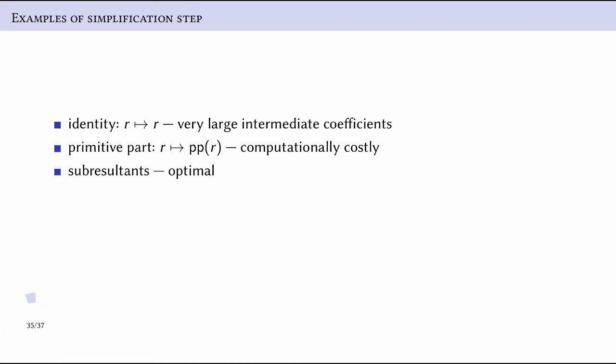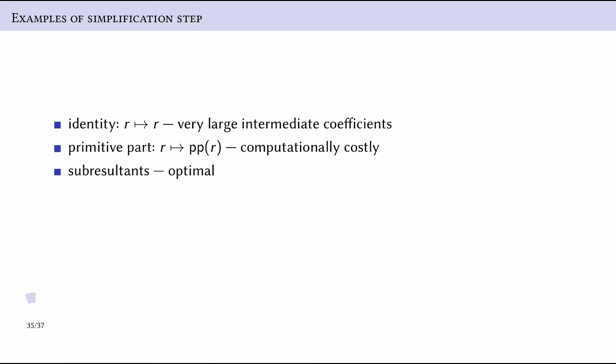So we may wonder if there is something in between. Yes, there is something in between. We will not have time to discuss it during this course. This course, as I said at the very beginning, consists of only 15 hours of lectures, so we will not have time to discuss it. But such an algorithm is called the subresultant polynomial sequence, and it's due to Collins.